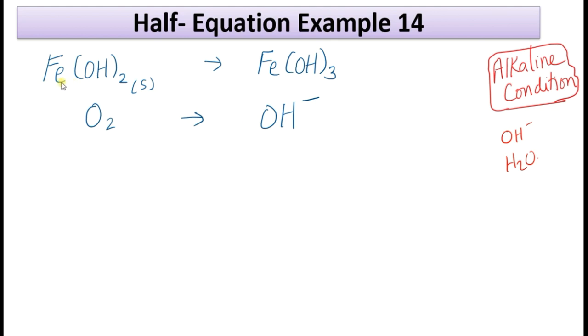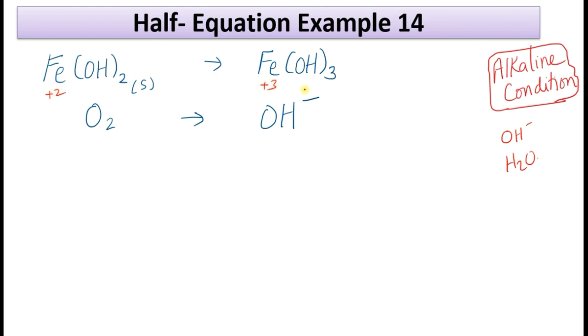Okay, so let's have a look at the first one. The first thing I check for is what's getting oxidized. So I focus on iron because that's most likely. So here you have 2 plus, so +2 here and +3.